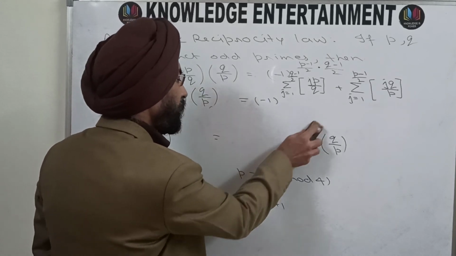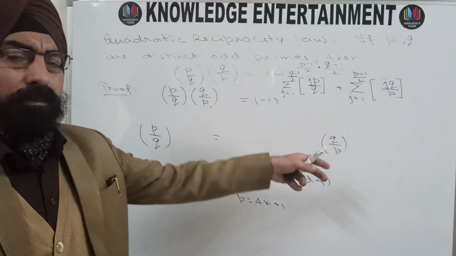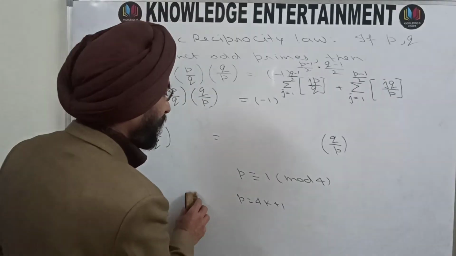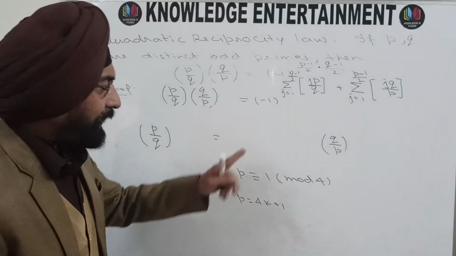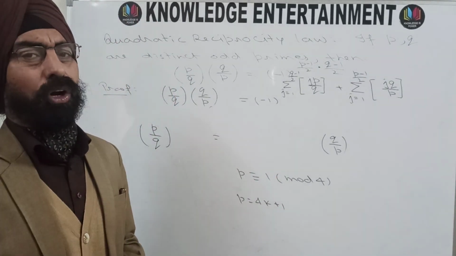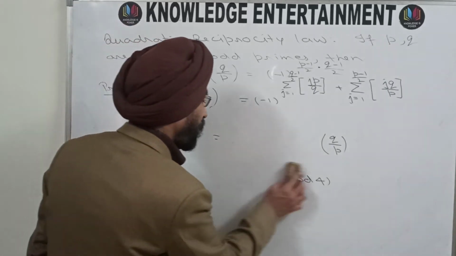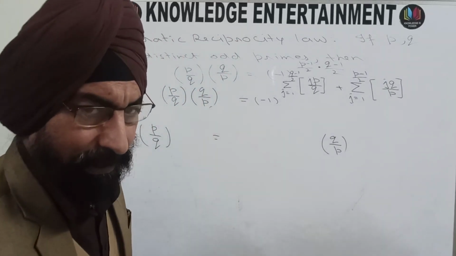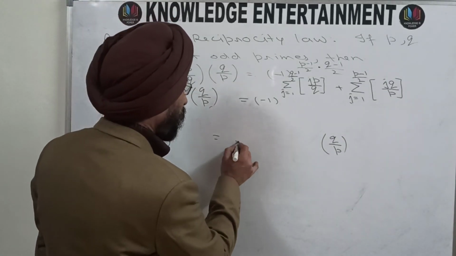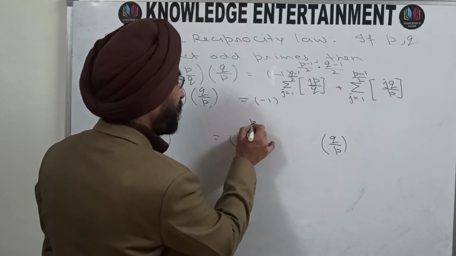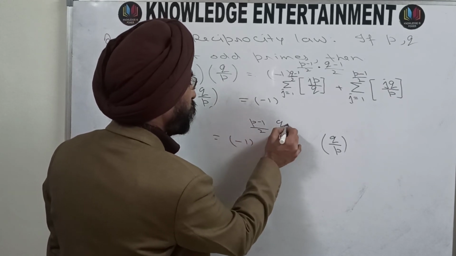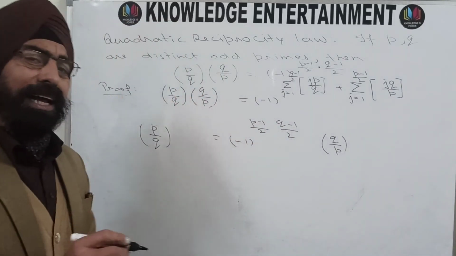And what you will get? You will get the Legendre symbol p by q is equal to the Legendre symbol q by p. This is when either p or q is of the form 4k plus 1. That means one of the numbers will give you remainder 1 when divided by 4. I am once again writing the statement (p minus 1)/2, (q minus 1)/2, and look at the other case.